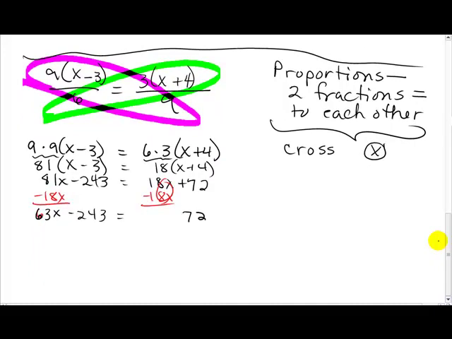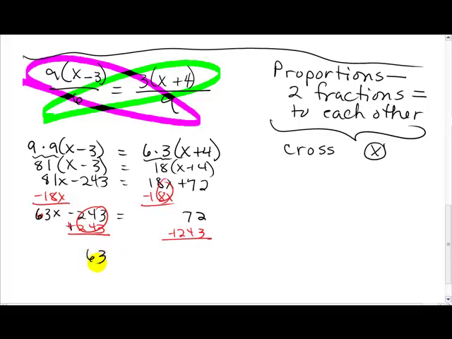Then we want to move the 243, so plus 243 so that this will cancel, plus 243.